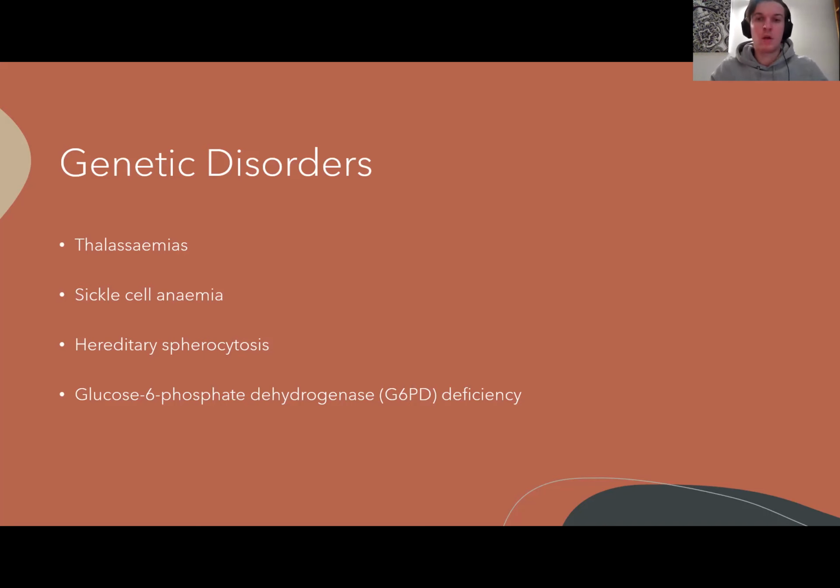So the enzyme G6PD causes the reduction of glutathione. So it's a reduction reaction of glutathione. That glutathione is used to mop up oxidative ions. So anything that causes oxidative stress, glutathione would normally protect you against.